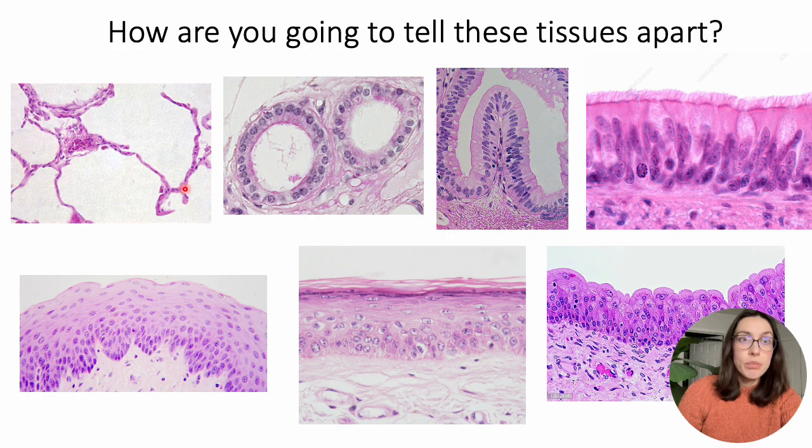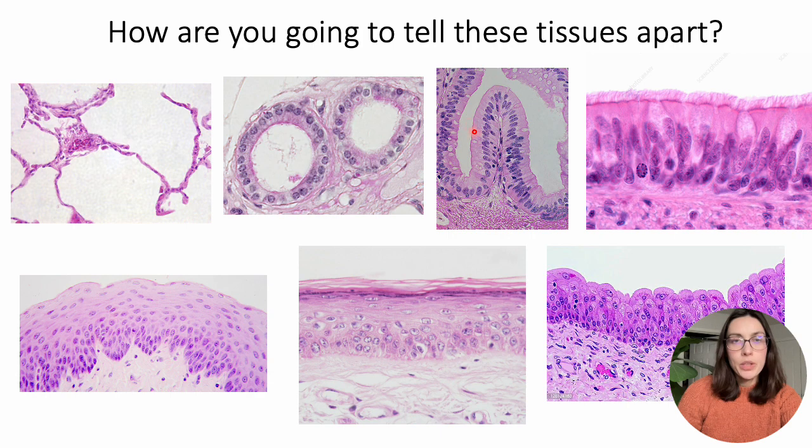So that is simple squamous epithelium. This next one is relatively obvious. It looks like a duct, and it has these nicely shaped cuboidal cells with circular nuclei. So this is simple cuboidal epithelium. The side that is facing this open lumen is the apical side.